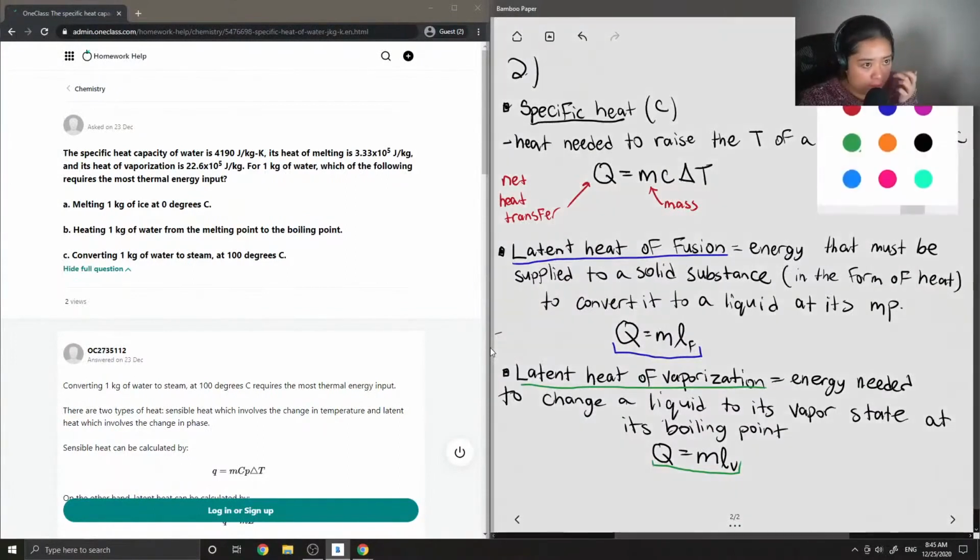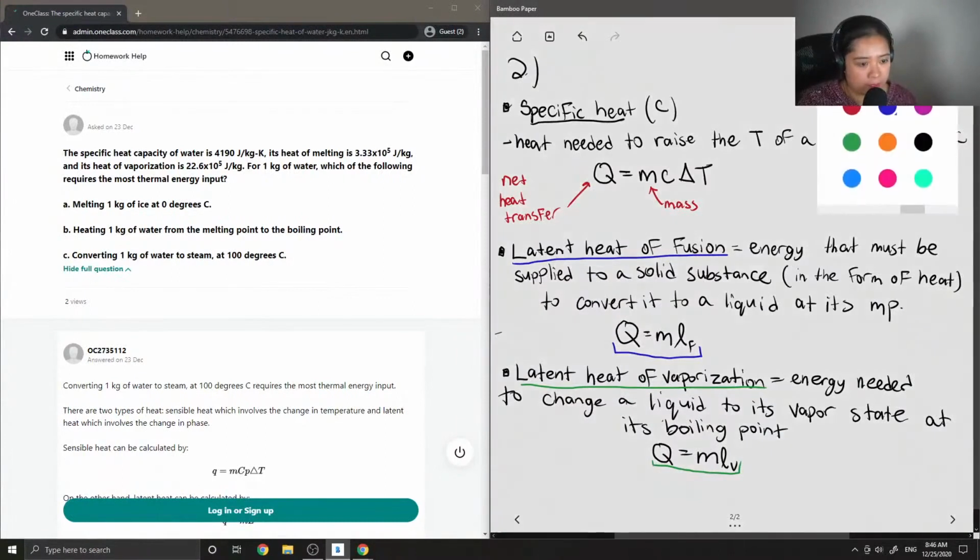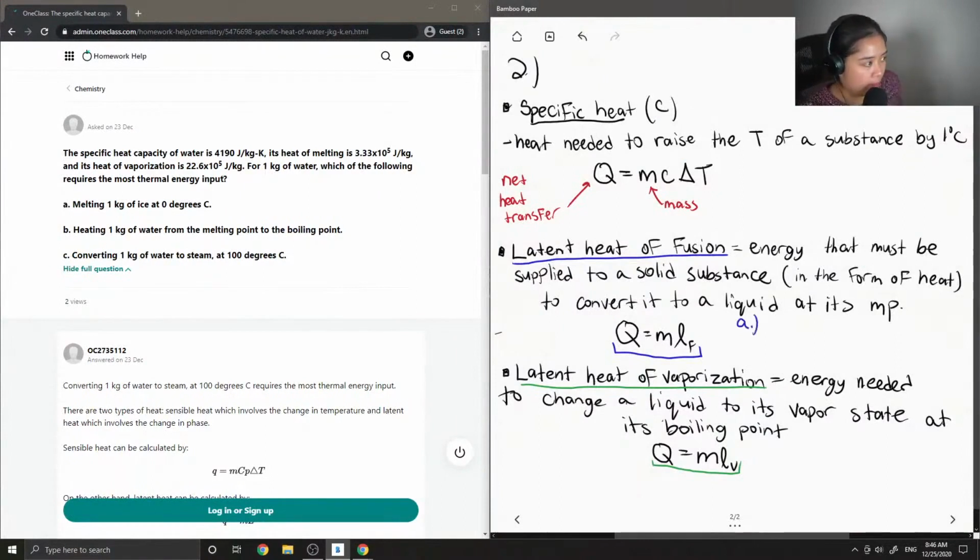Okay, so now let's look at all of our different options. For A, we would be using, when we melt a solid and turn it into a liquid, the latent heat of fusion. So I'm going to write A here, melting 1 kilogram of ice at 0 degrees Celsius.